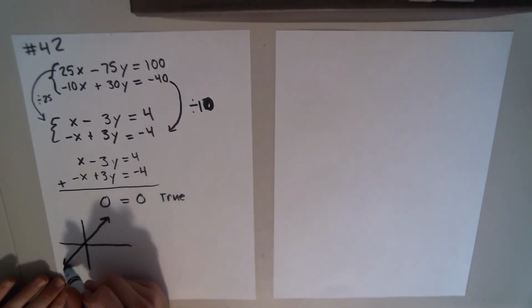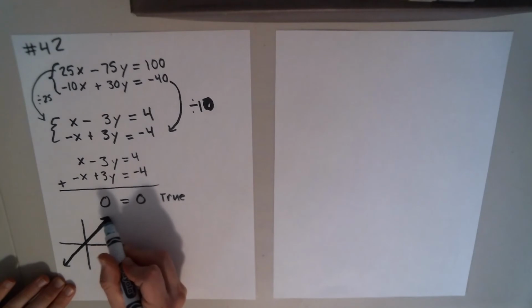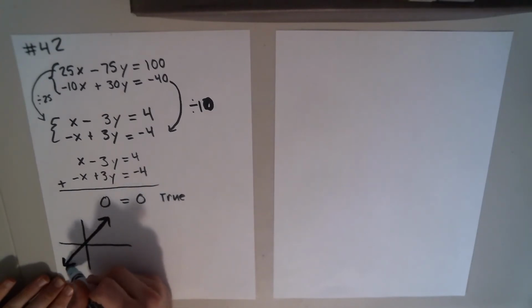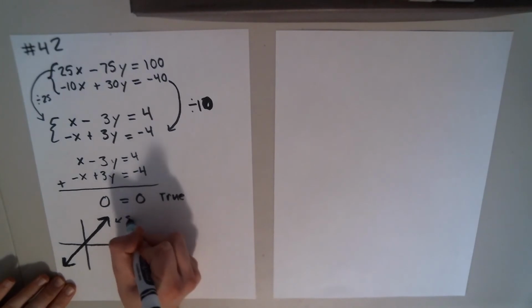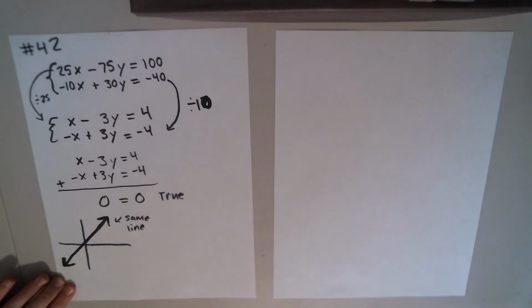My second line would be actually the same exact line. Okay, the two lines would just be on top of each other. They'd be the same line. And so that's why there would be infinitely many solutions here.